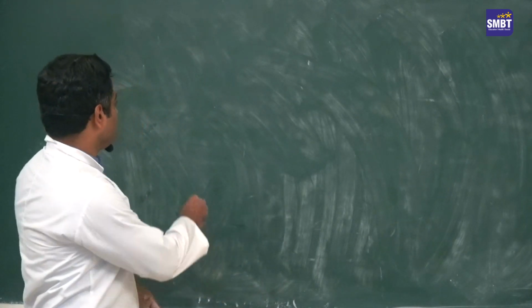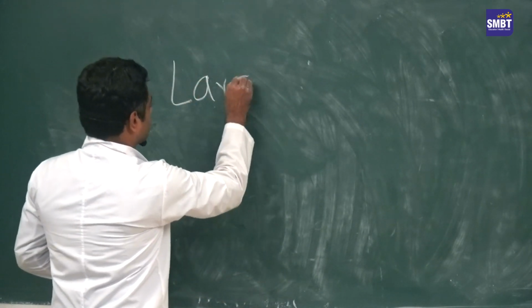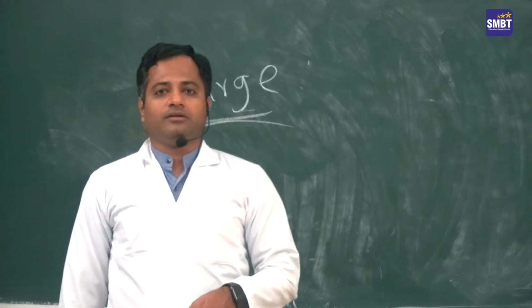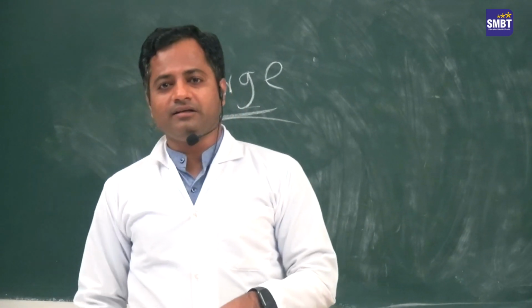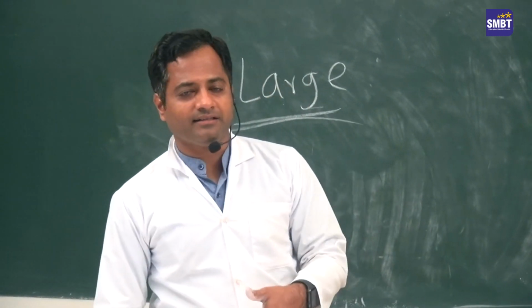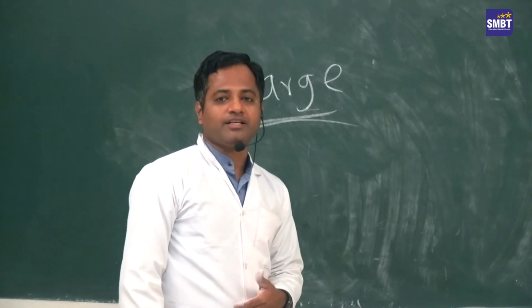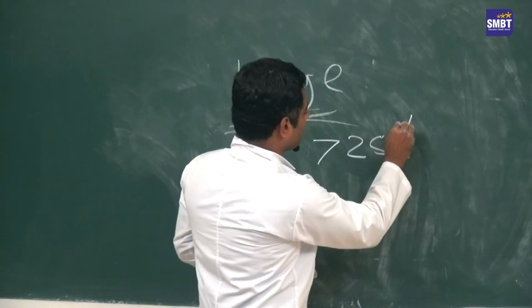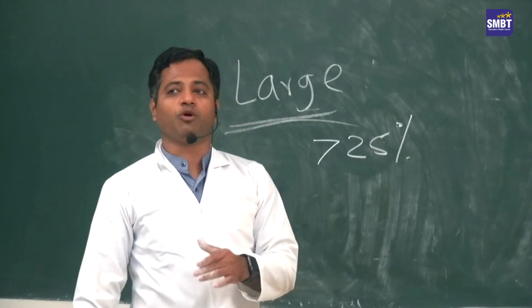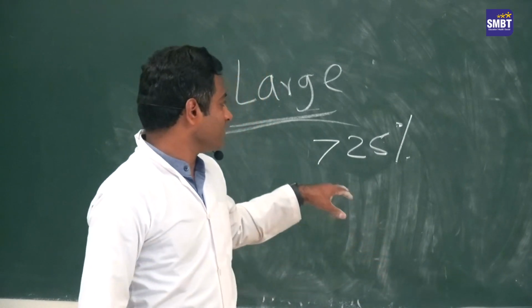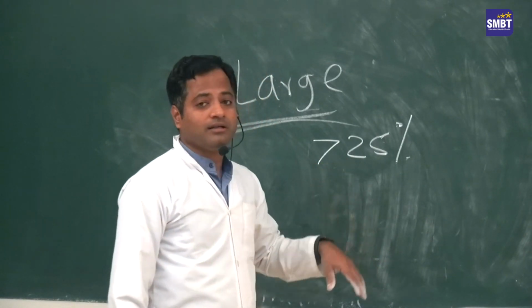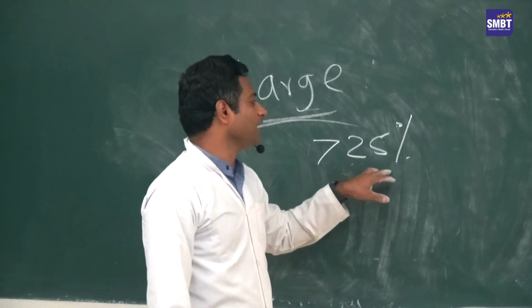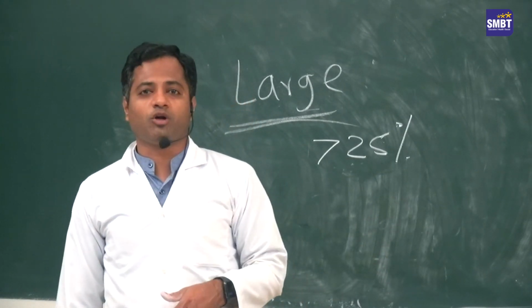A large incisional hernia is a hernia where the hernia sac volume is more than 25% of the abdominal volume.